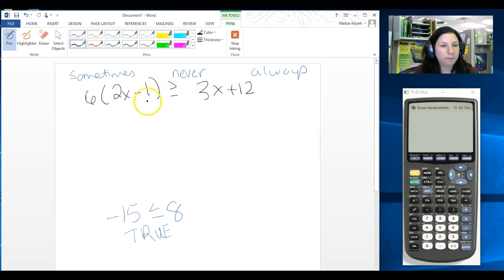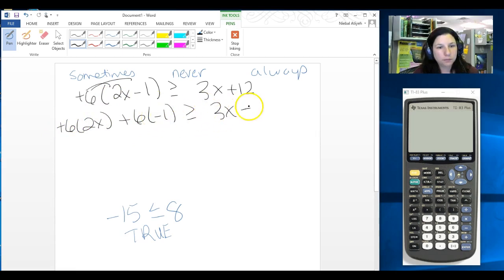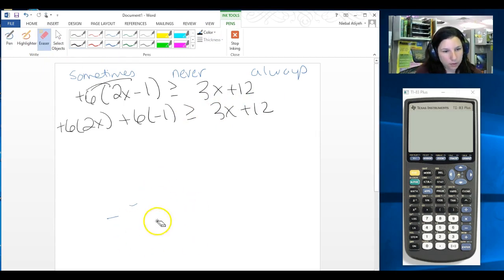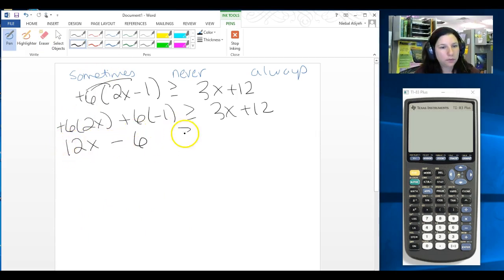Similar setup. Let's simplify by distributing. It's a positive 6. So positive 6 times 2x, positive 6 times negative 1. I'm going to erase the problem here. I want to combine like terms.